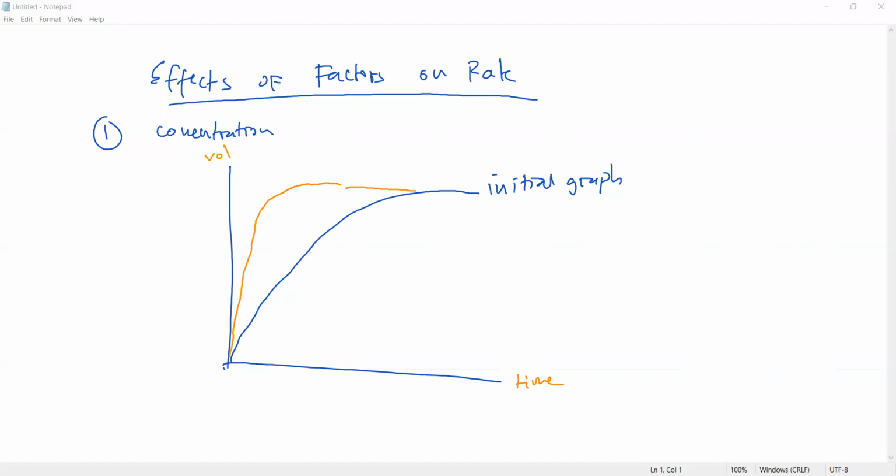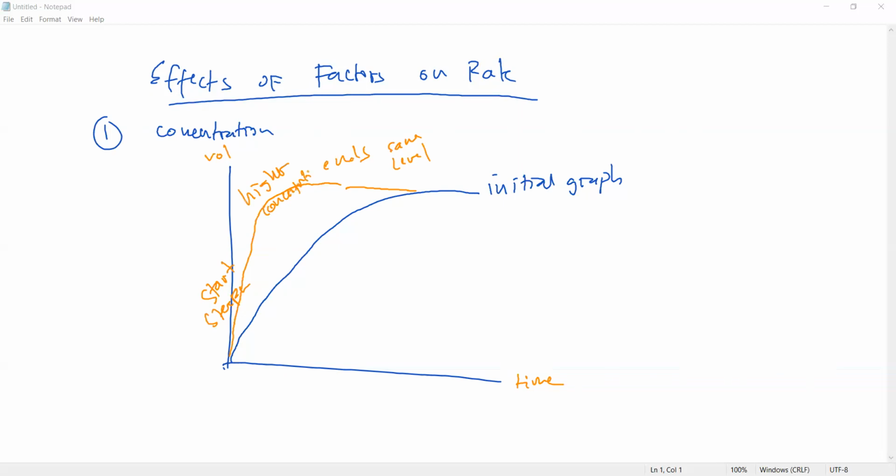So they're going to start steeper, but then end at the same level. They will not go higher unless we use more reactant, nor do they go lower unless we are using less reactant. Of course, this is for higher concentration here.